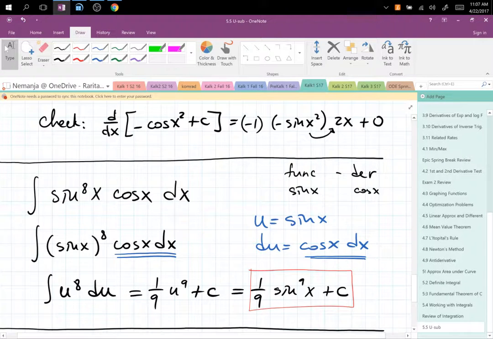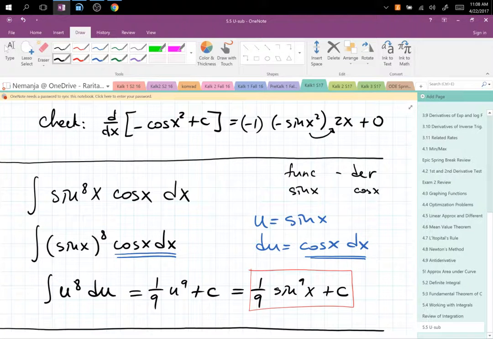That's the little trick you have to be careful about. You have 8 sines. So if you pick cosine as u, you will get one sine to be used as du, and you still have 7 sines floating around with nothing to sub them for, which is a problem.